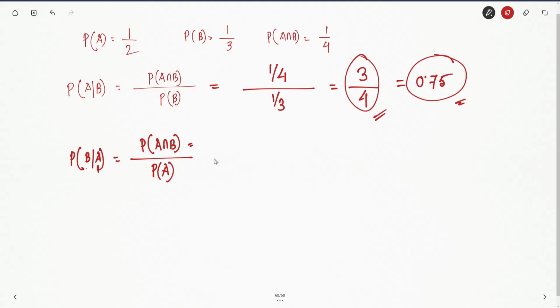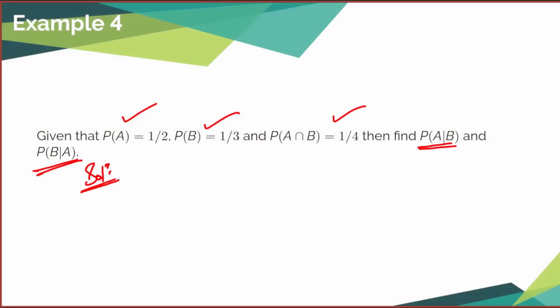So probability of A. This is equal to probability of A intersection B, which is 1/4, divided by 1/2. So this gives us 2/4, which is 0.5, right? So we are done with this example.